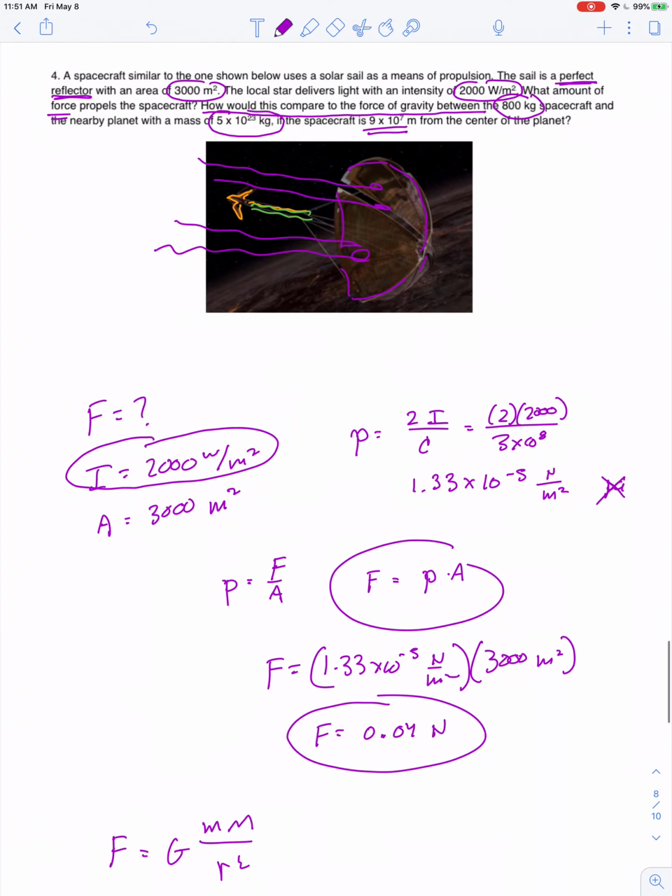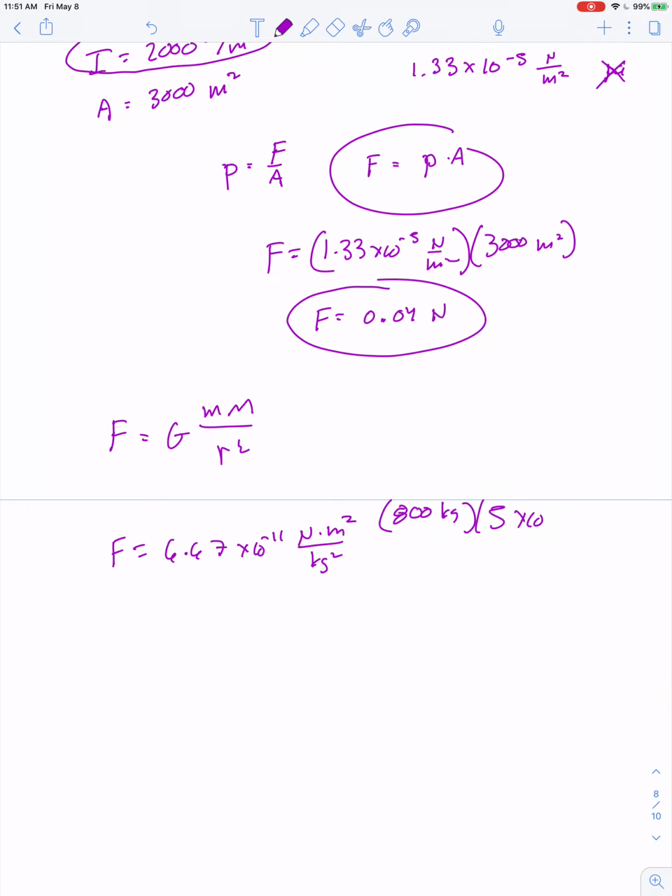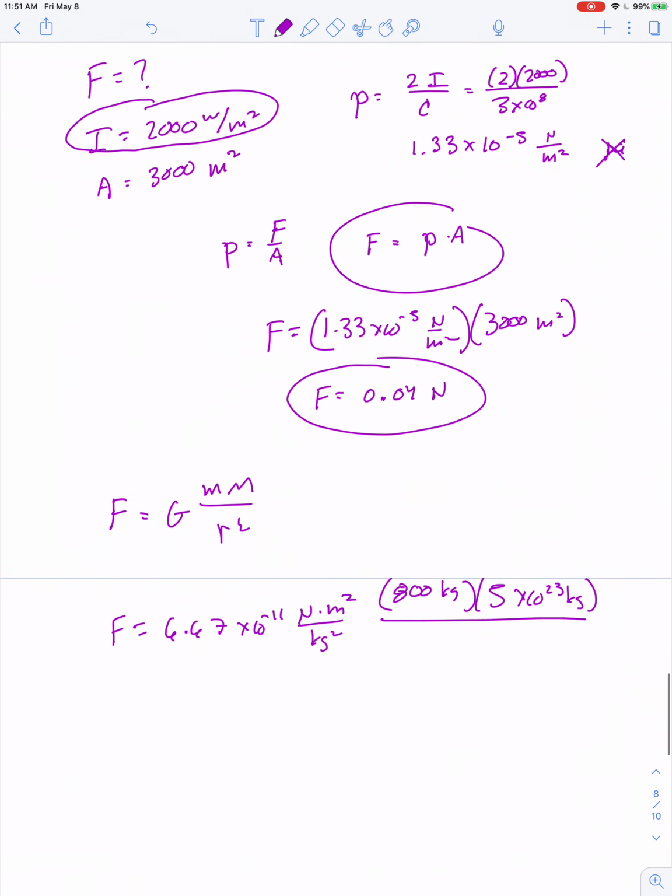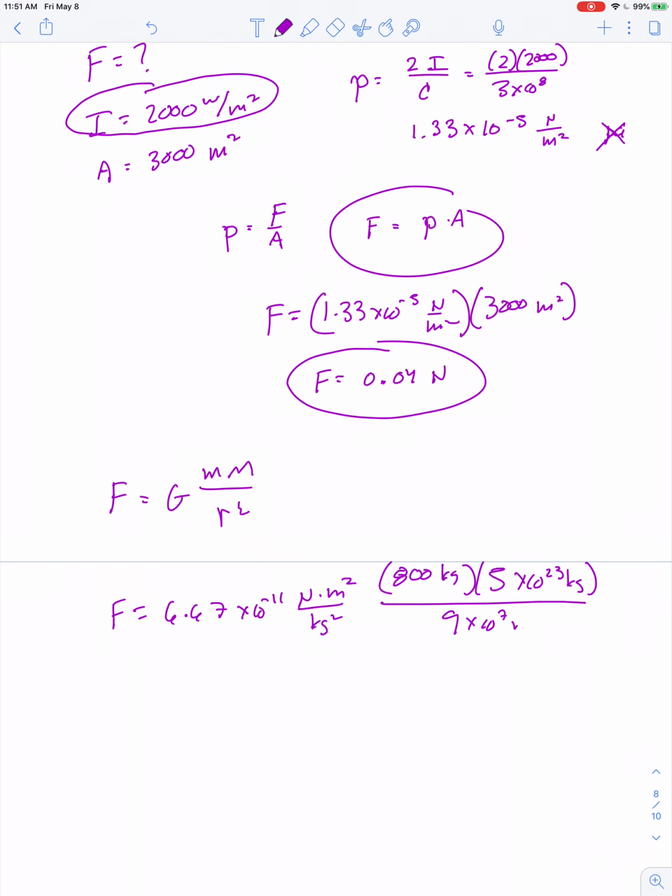Multiply that times 5 times 10 to the 23rd kilograms for the mass of the planet, and divide that by 9 times 10 to the 7th meters. And don't forget to square that distance. And this comes out to a force of about 3.3 newtons.